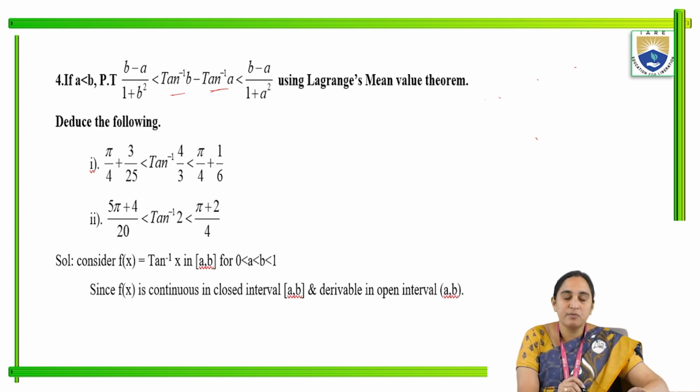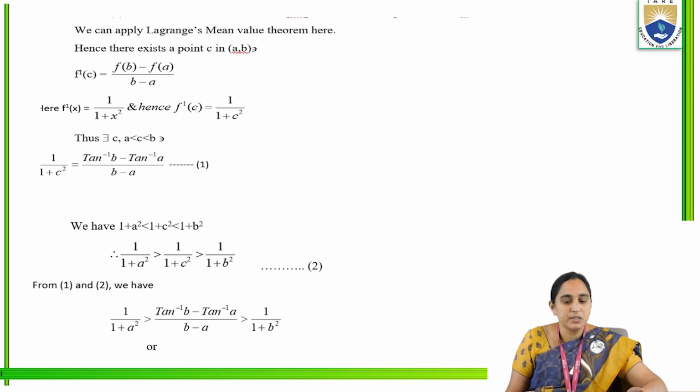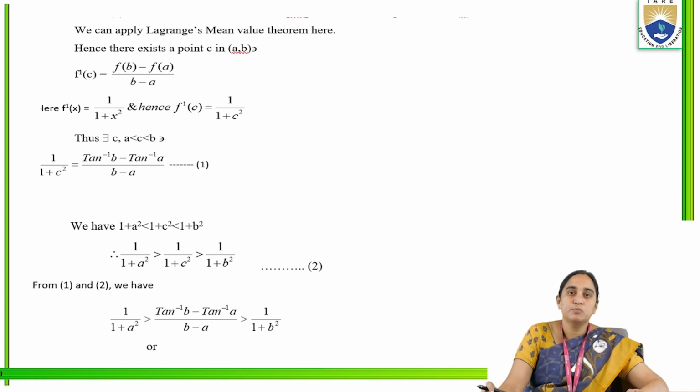Observe here, the differentiation of tan inverse x is 1 by 1 plus x square. If it is differentiable, then definitely it is continuous. Therefore the two conditions are satisfied: one is differentiable, and from that, it is continuous.